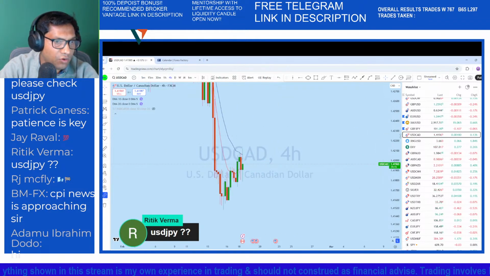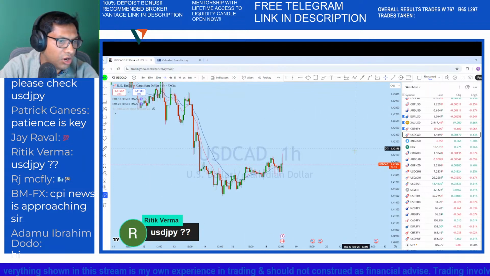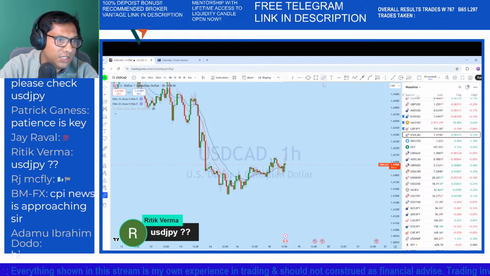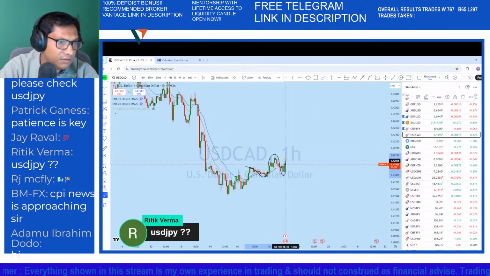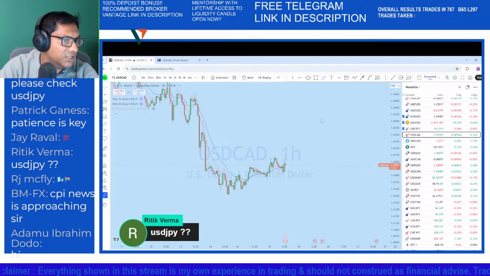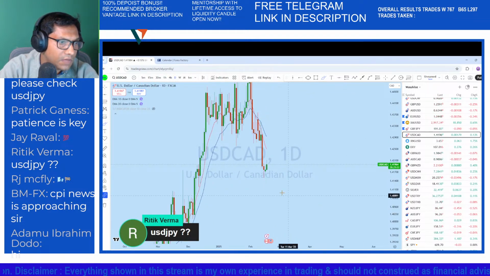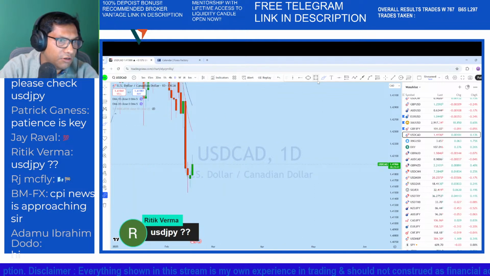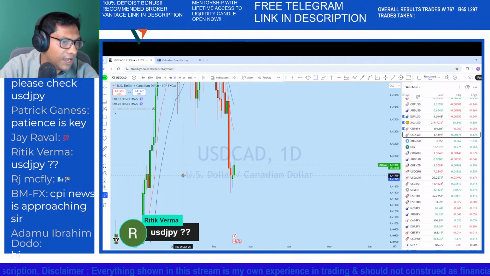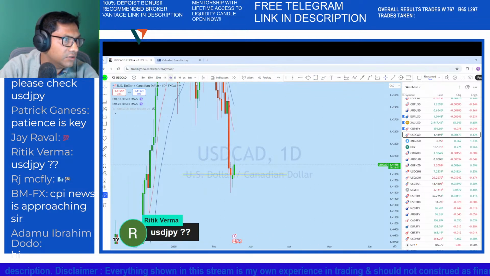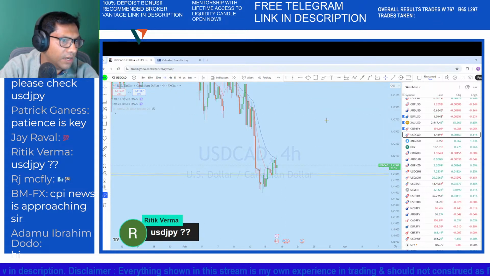If you look at the 4-hour chart, 1-hour price action on dollar CAD, and with this spike, you can see this is the 4-hour time frame, also the daily chart. An important support here on the daily on dollar CAD.